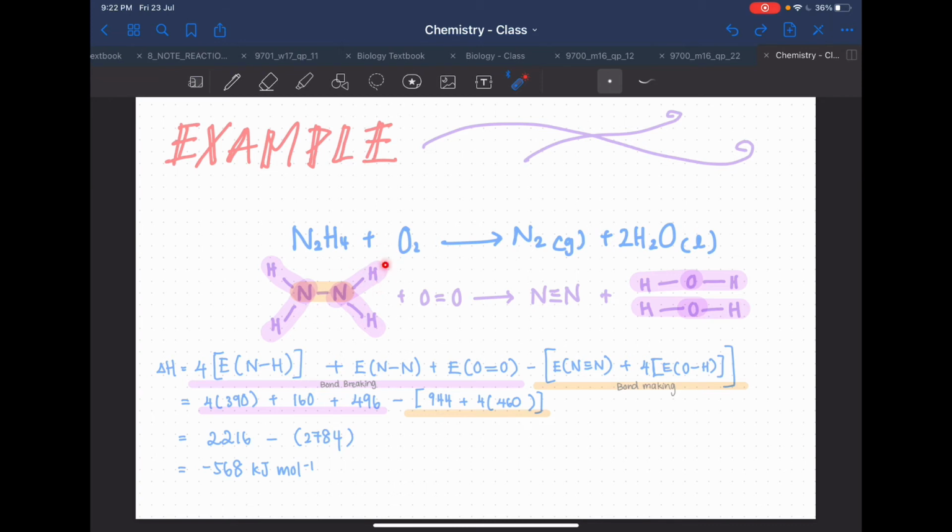So here there are 1, 2, 3, 4 N-H bonds, then 1 N-N bond, 1 O=O bond, and then 1 N≡N bond and 4 O-H bonds. Then we can put it into the equation, in which the energy absorbed for bond breaking in the reactants part is minus the energy released during bond making in the products part. We can get all these values of bond enthalpies from the data booklet, substitute them in and get the answer.